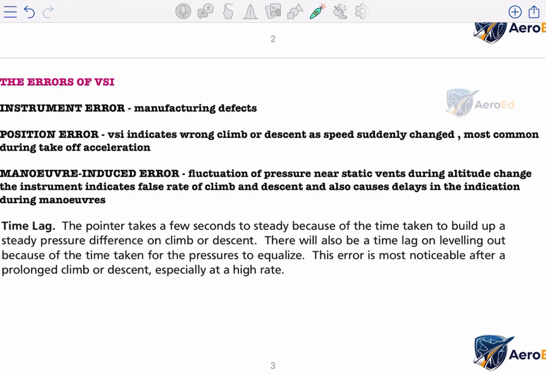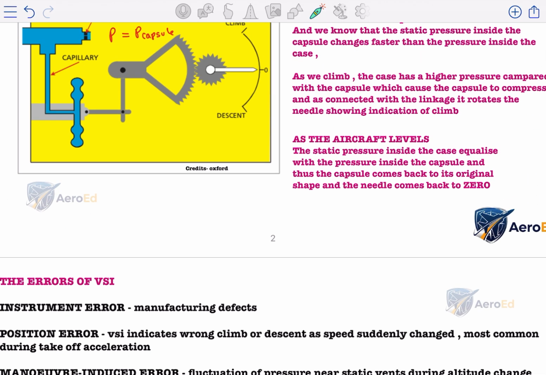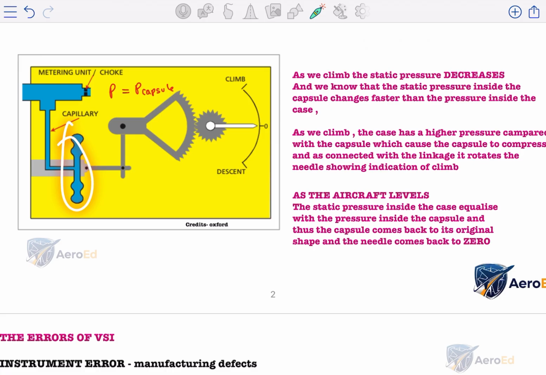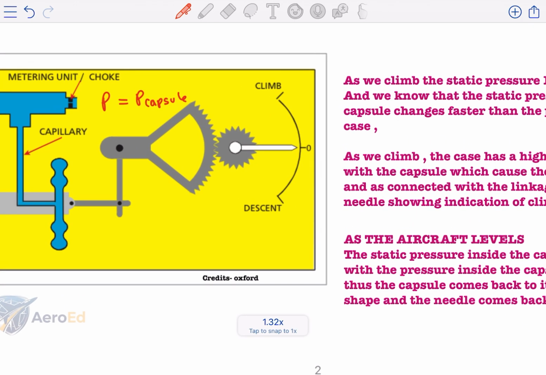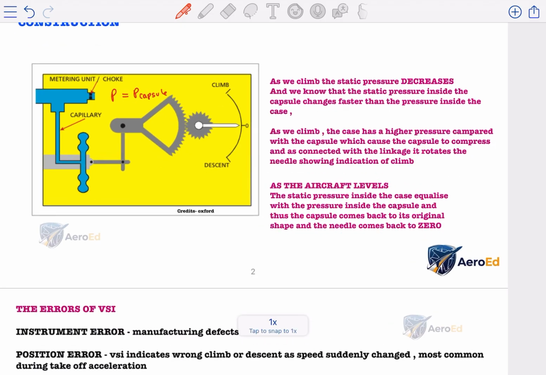Let me explain what happens. We know that the pressure changes at the capsule immediately, but the pressure change in the casing is slow. When the aircraft levels, it slowly equalizes with the pressure in the capsule, and this time lag causes the error.